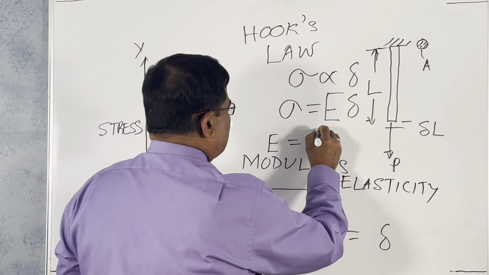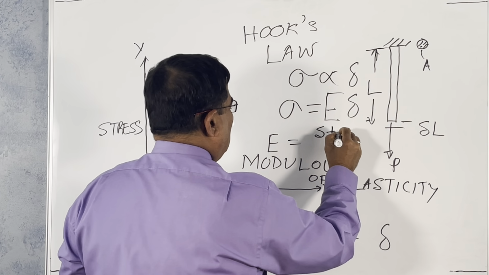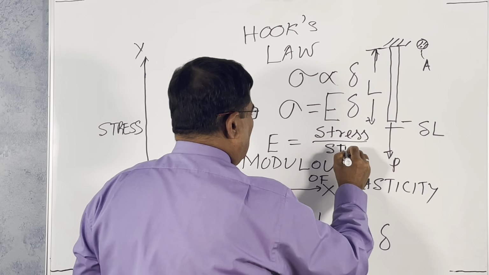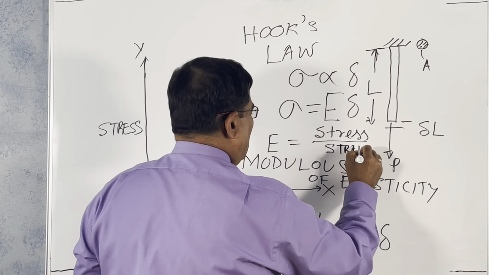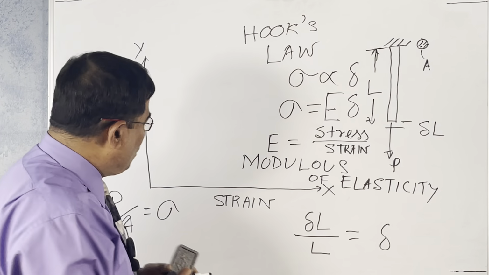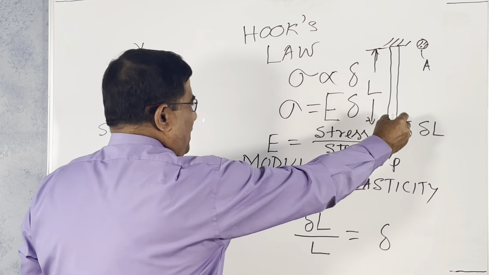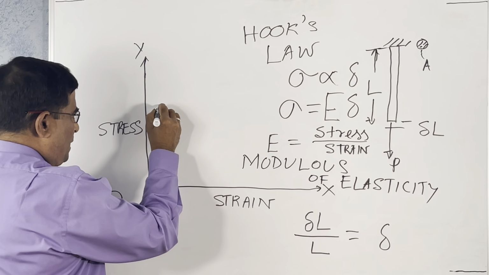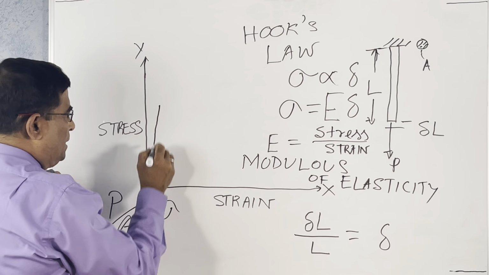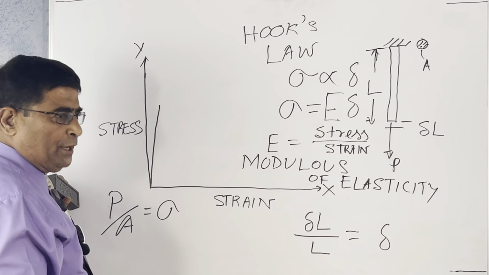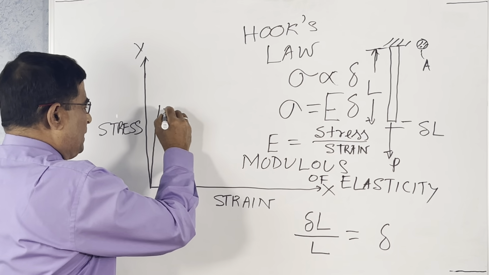E is equal to stress divided by strain. This is called E, and this follows Hooke's law. Now if you draw every instant of the elongation and P by A, it will be curved like this. Stress is proportional to strain to a certain extent. Suppose up to this point, this is the limit of proportionality.